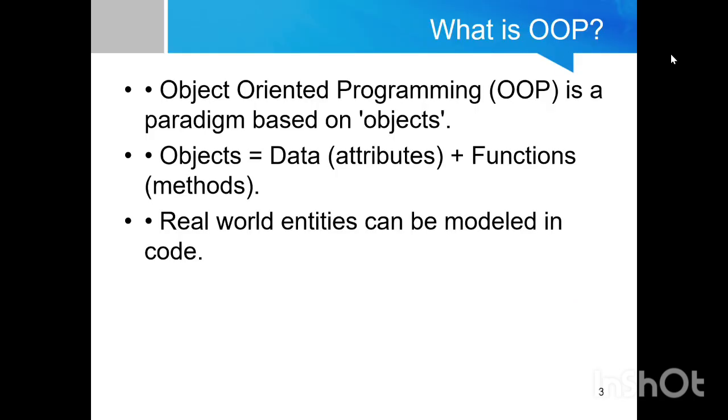Before starting, let's begin with a basic introduction: what is object-oriented programming? Object-oriented programming simply means writing code using objects. An object combines two things: data, also called attributes, and functions, which are known as methods. For example, a car object has attributes like color or model and methods like start or stop.